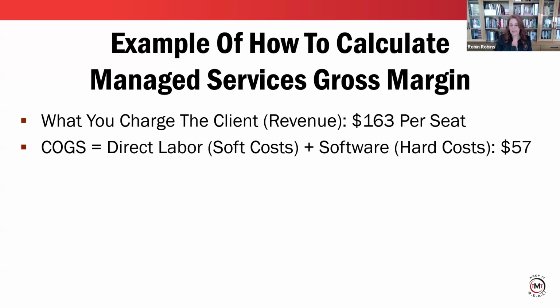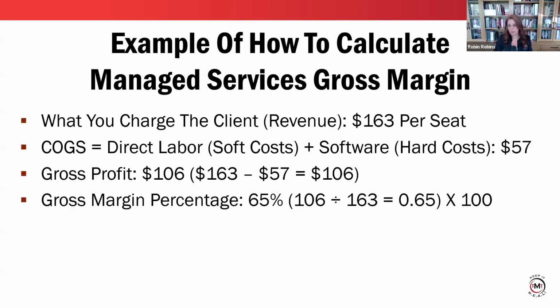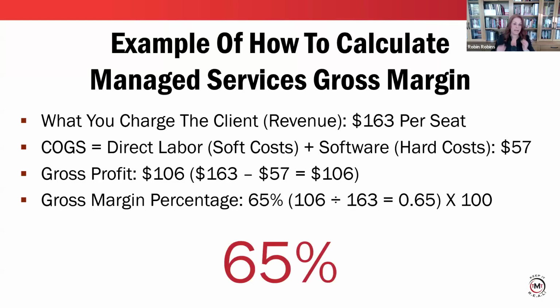That's your COGS, right? That means you're generating $106 in gross profit, not net profit, that's gross, right? So then your gross margin would be 65%. All right. That's what we're shooting for.